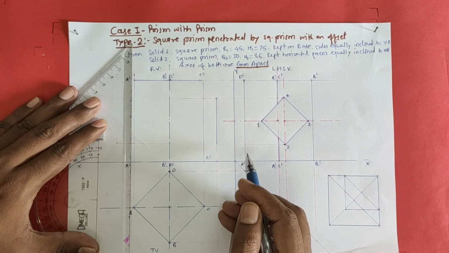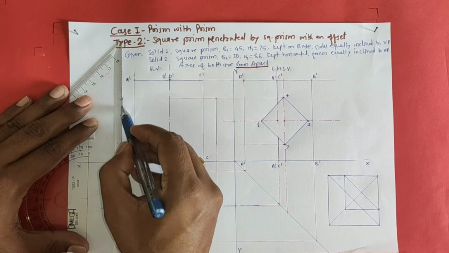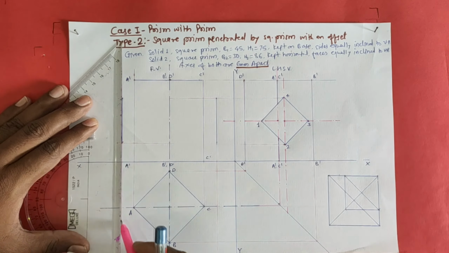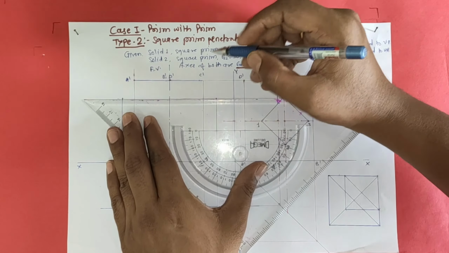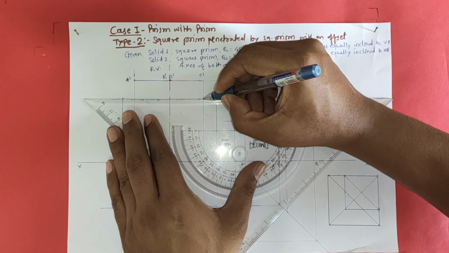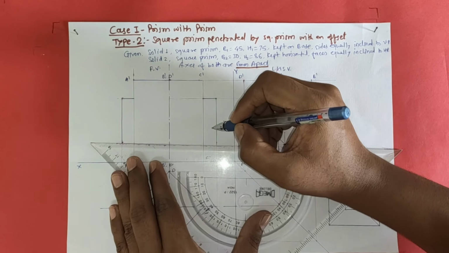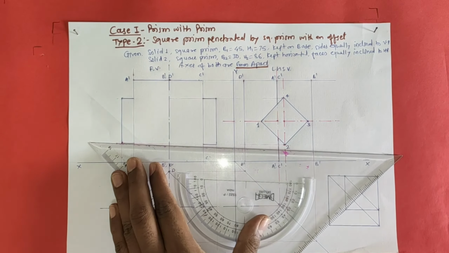Similarly, go for this side, here to here dark, and from this it is a faint line. So see, I can mark up to this line, that is the dark line in the front view. Similarly, this as dark.